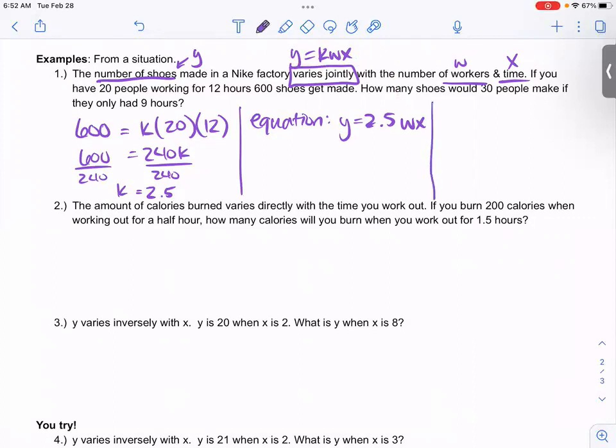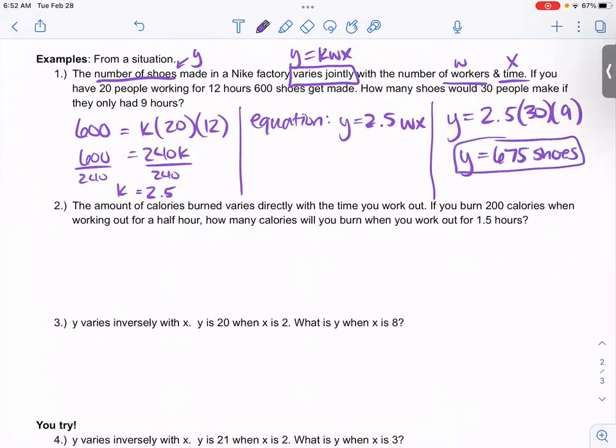How many shoes would 30 people make if they only had 9 hours? Well, I can plug in W and X and solve for Y to see how many shoes I make. So Y equals 2.5 times 30 times 9. And if I go ahead and type all that in my calculator, I get 675 shoes.